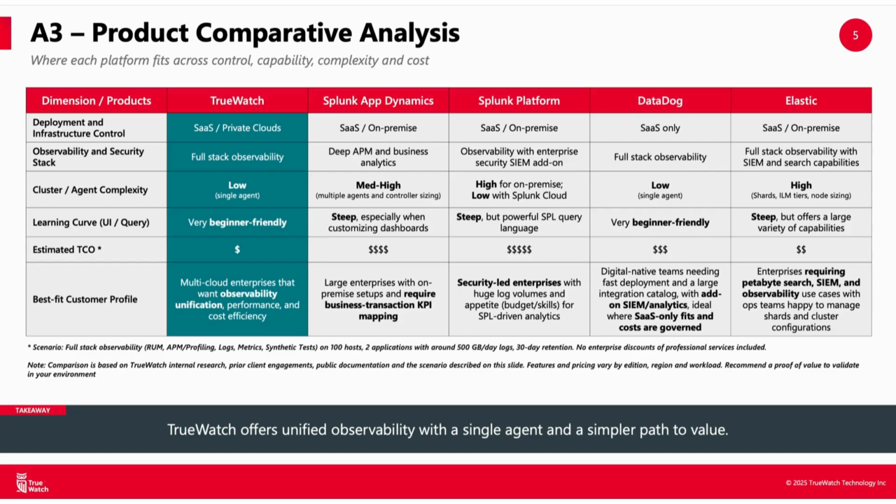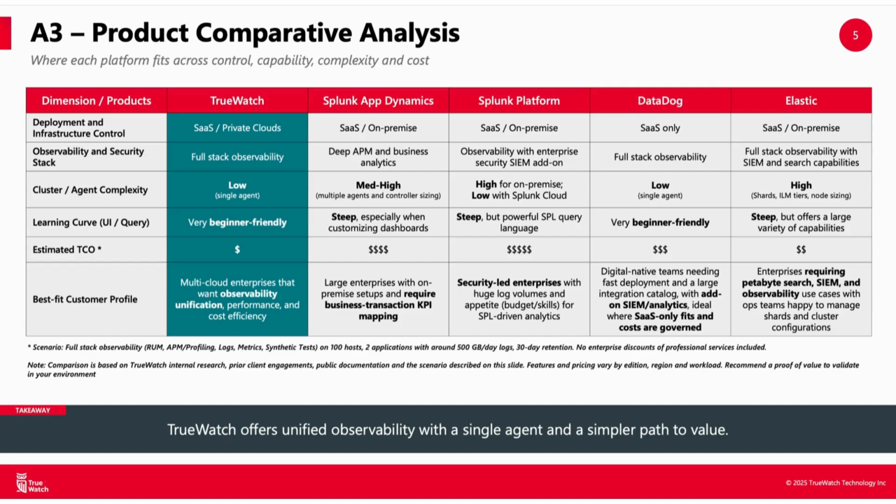So from TrueWatch's perspective, on the left, you can see those are the various dimensions: deployment, observability stack, agent, learning curve, estimated TCO, and customer profile. So here's how we stand out. We are very beginner friendly. In terms of agent, we just have a single agent, so it's very easy to manage, right?